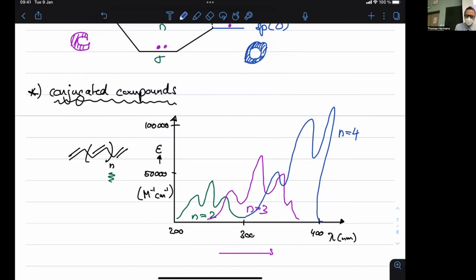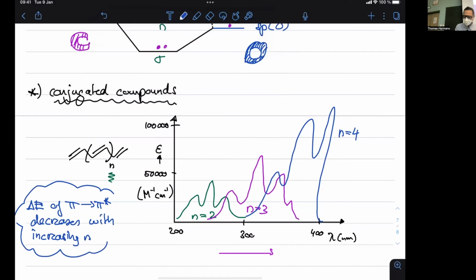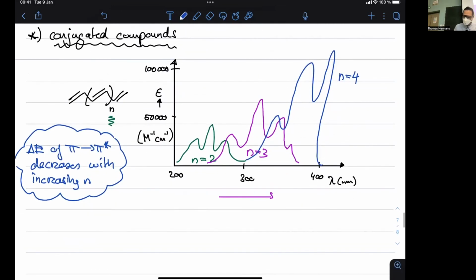Okay, so the energy, the delta E of this pi to pi star transition decreases with increasing N. And the absorption coefficient increases with increasing N.